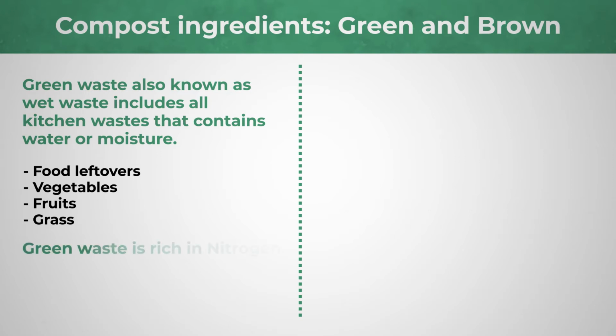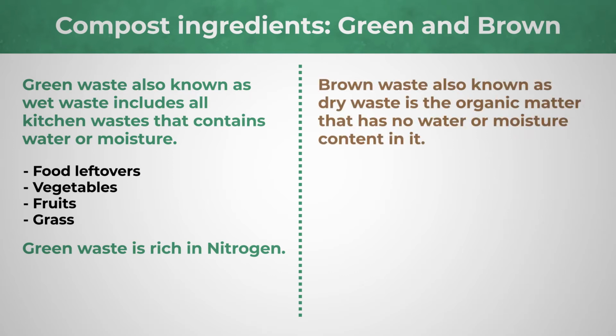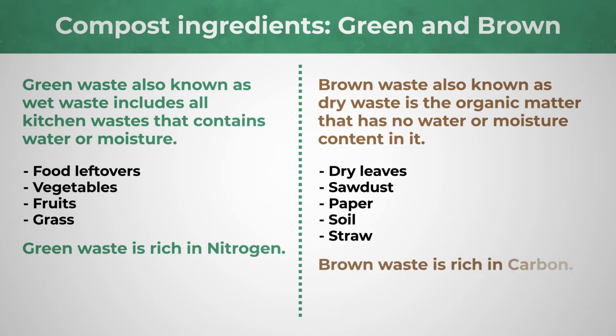Green waste is rich in nitrogen. Similarly, brown waste, also known as dry waste, is the organic matter that has no water or moisture content in it. Examples of brown waste include dry leaves, sawdust, paper, soil, and straw. These are rich in carbon.